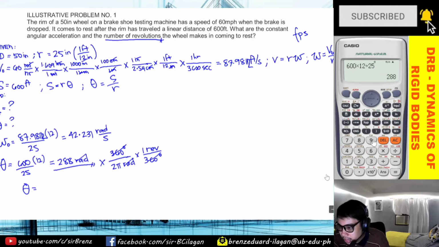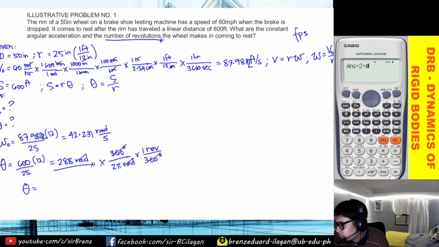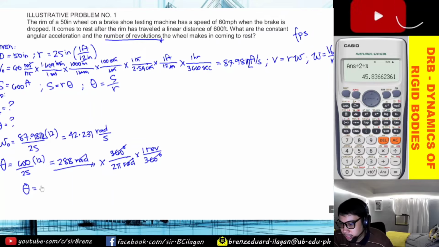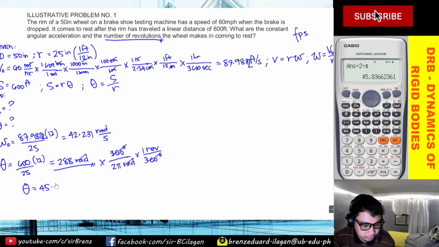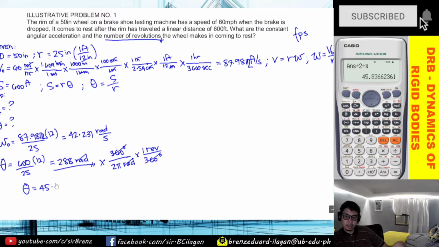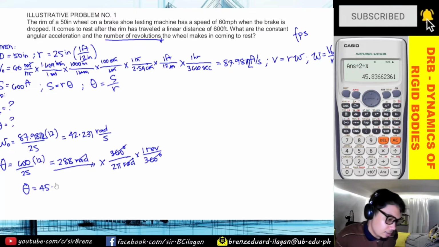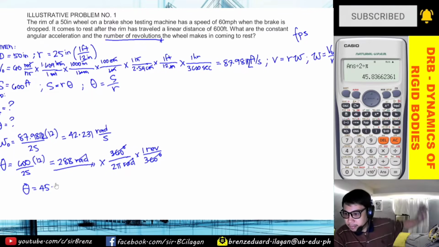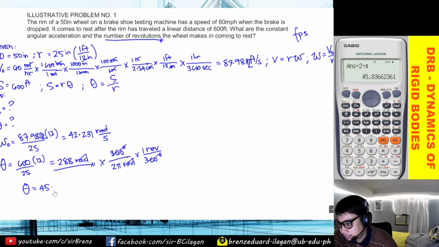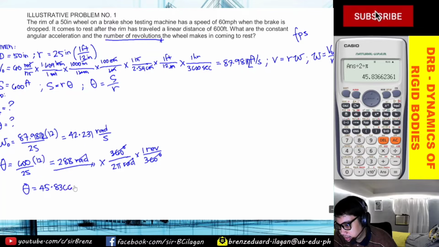So, 288 divided by 2 pi. So, that is 45.8366 revolution.